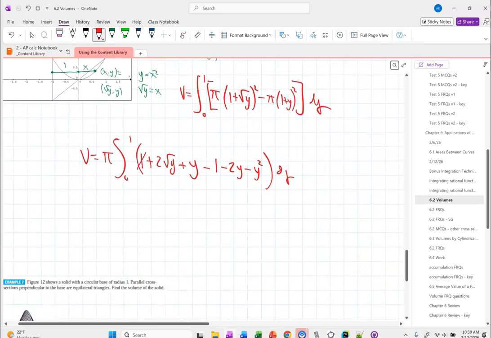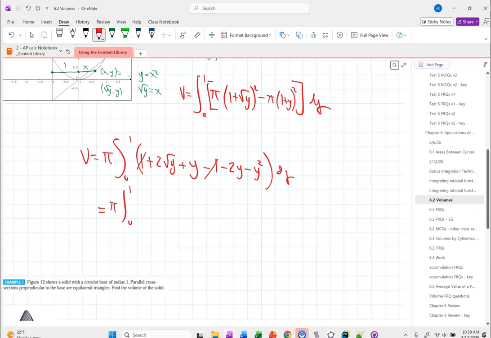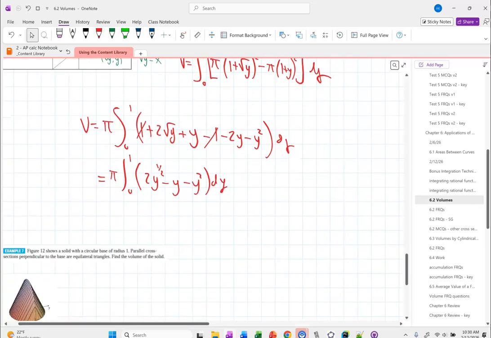Combine some like terms. Those guys go. We have, let's see, let's write it as y to the 1/2, and then minus y squared. Then we can do our antiderivatives.